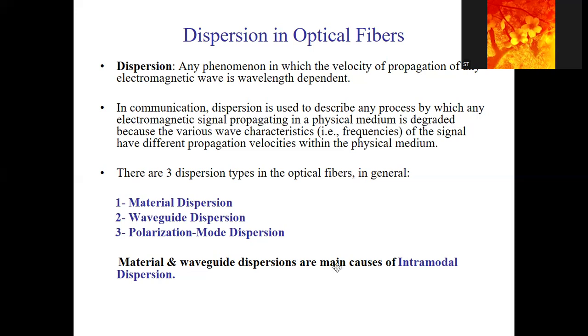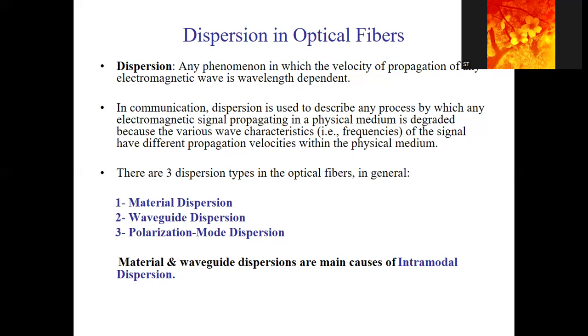So basically in communication, dispersion is used to describe any process by which any electromagnetic signal, here we are talking about the optical signal, propagating in a physical medium is degraded because of the different wave characteristics.